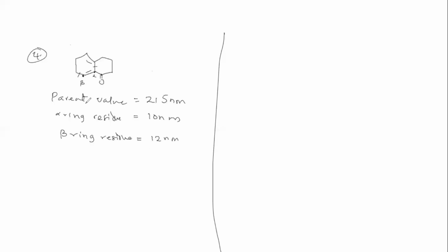Now we have an isocyclic double bond. So mind you, we are following the thread. So this double bond is bonded to a carbon of another ring. So we have one isocyclic double bond.